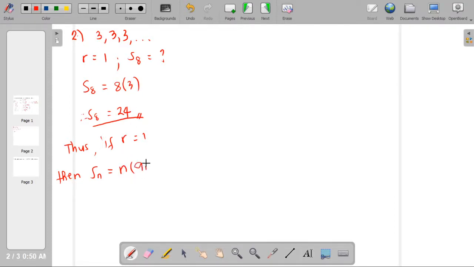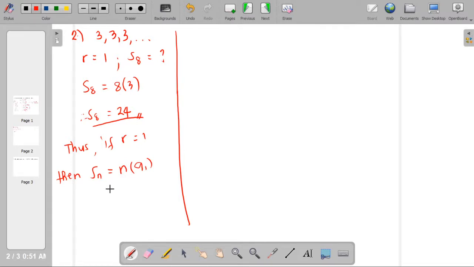A sub 1. So, in other words, if you want to find the sum of the terms of a geometric sequence, given that its r is equal to 1, all you have to do is multiply n and your a sub 1, and that will be your sum.